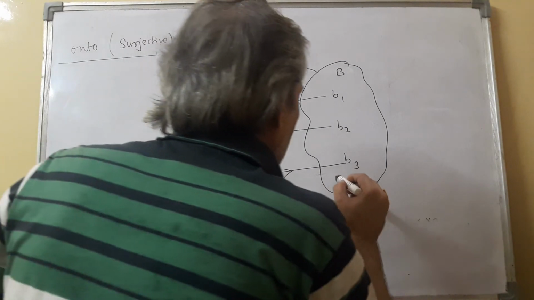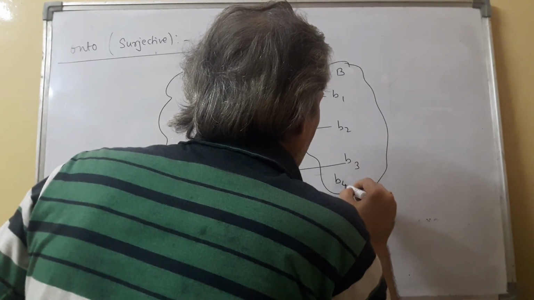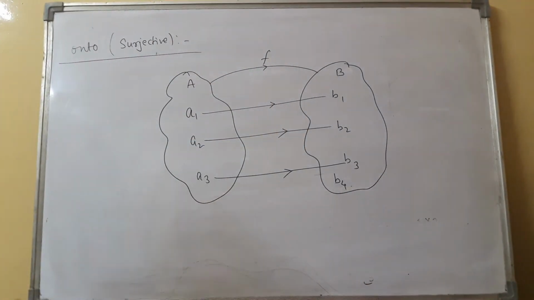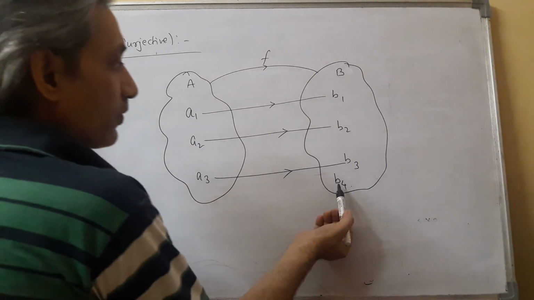But suppose I write here B4, I take one more extra element. Now what is the pre-image of B4?